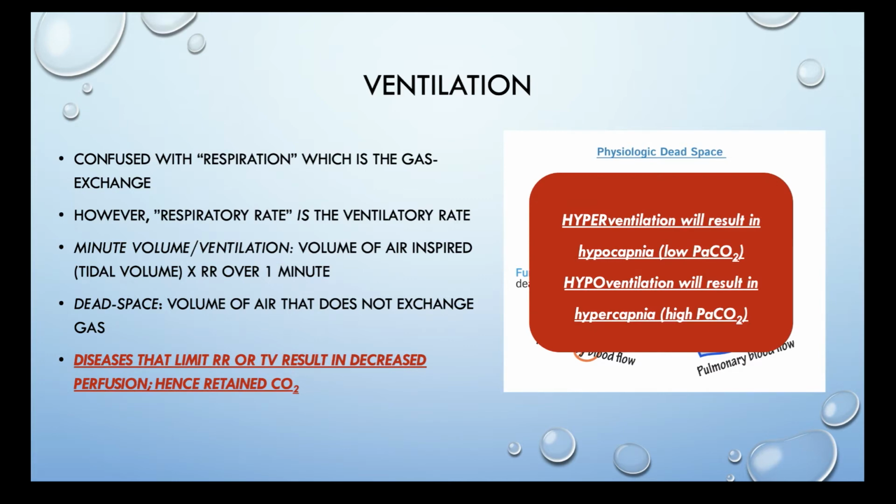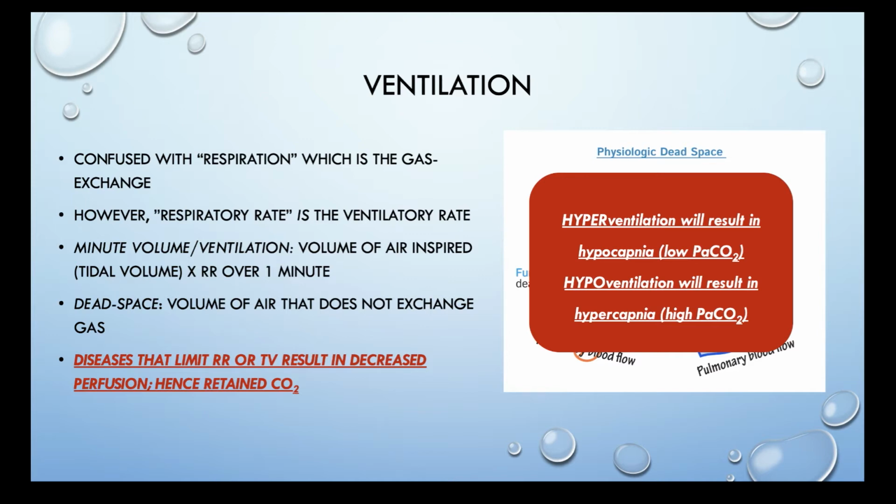Diseases that limit our respiratory rate, so we're not taking very many breaths per minute, or that decrease our tidal volume, where we're doing really shallow respirations, result in decreased perfusion, as would make sense. And when we have decreased perfusion, we're not blowing out our CO2. So in the box, you'll see hyperventilation will result in hypocapnia.